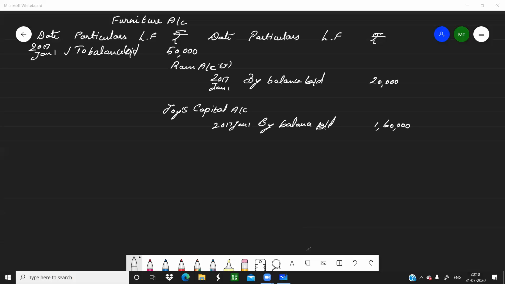Okay, so first, posting of compound journal entry. The compound journal entry has more than one debit or more than one credit or both.